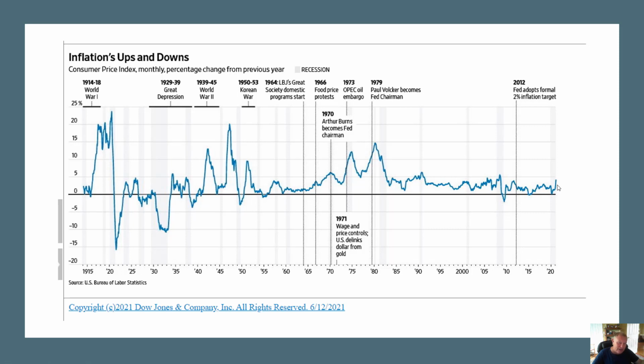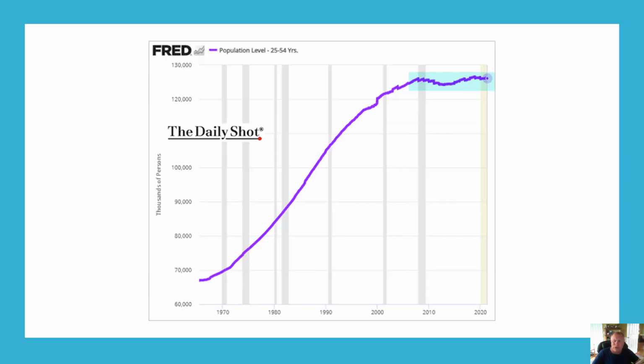So that's inflation. We talked about the change due to COVID and remote work. We talked about inflation. Let's now go back and look at people. Since 2010, the raw number of the population between 25 and 54 years old has remained the same.